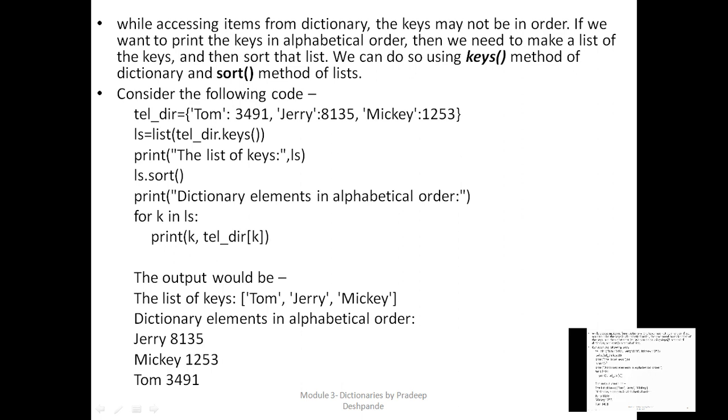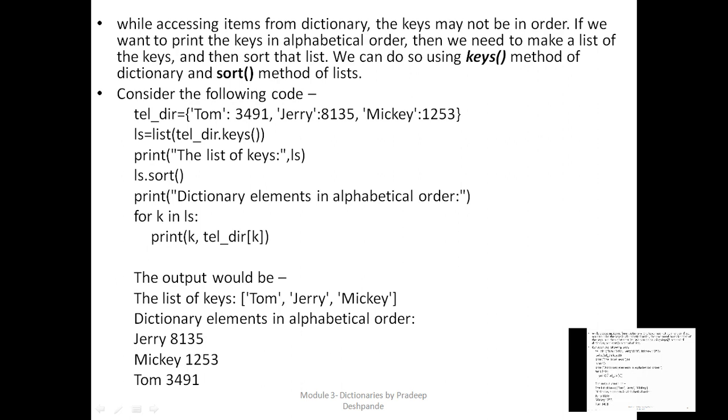Then we are displaying the keys here. ls is a list, and ls dot sort sorts them according to the alphabet. We have Tom, Jerry and Mickey, they will be ordered. Now we are sorting them, then printing the dictionary elements in alphabetical order.